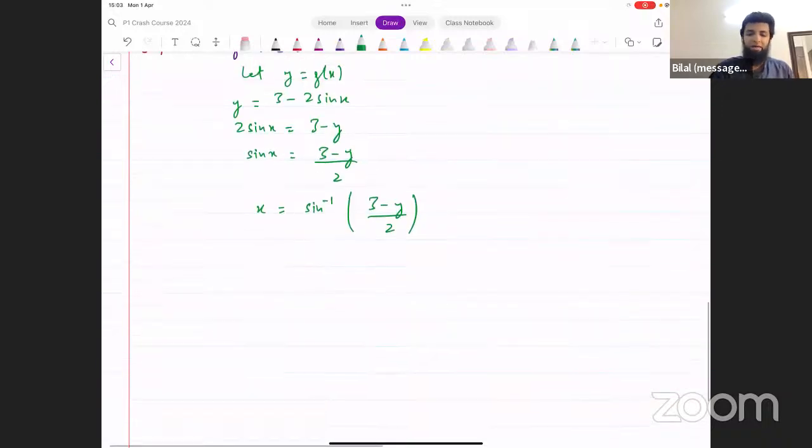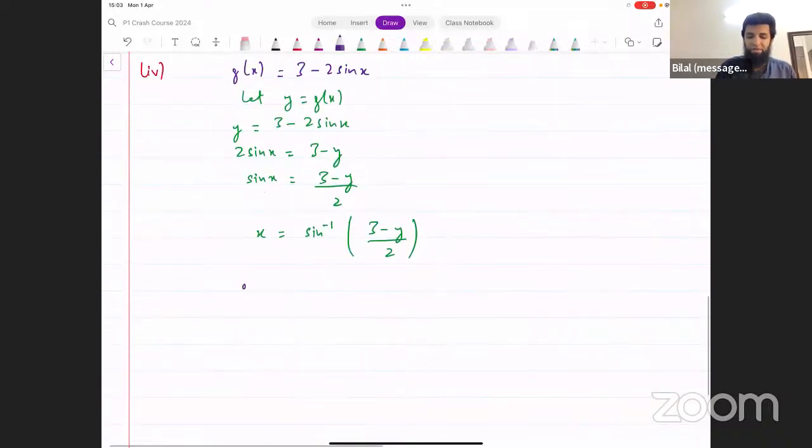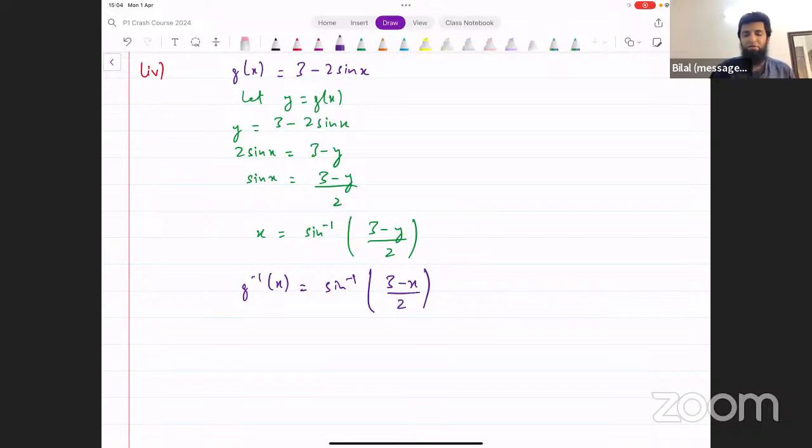All right, and now we write this in the inverse form. We say g inverse of x, therefore, should equal sine inverse of (3 minus x) divided by 2. Okay, so that's how we find the range of trigonometric functions and their inverse. Now that's one possible type of question you could get here.